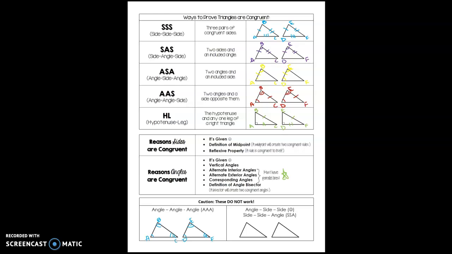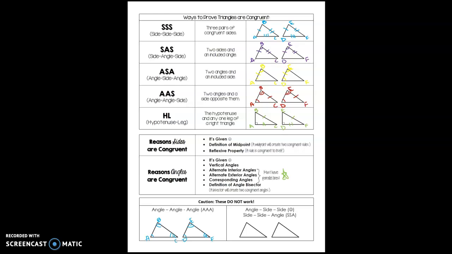They would have to be proportional to each other, sure, but they do not have to be the same side length. If we're only given that all three angles are congruent, then we don't know anything about the side lengths. And now vice versa, if we were given side, side, side, obviously we know that side, side, side gives us all angles on the inside are congruent.